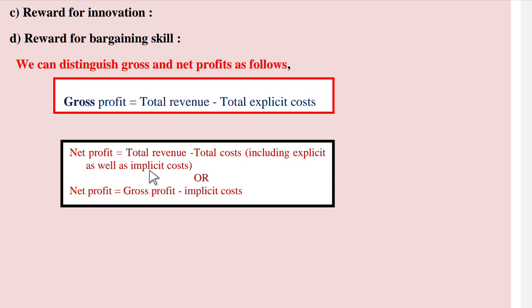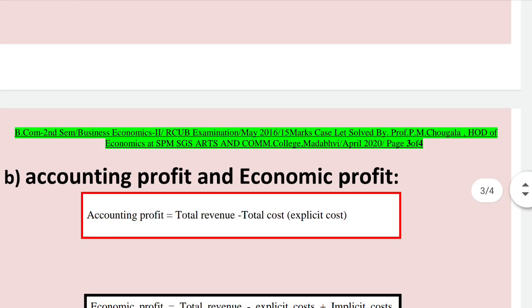For example, interest on his own capital, wages for his personal labor, and rent on his own building. Such costs are known as implicit or imputed costs. In short, we can also calculate net profit as: net profit is equal to gross profit minus implicit or imputed costs.